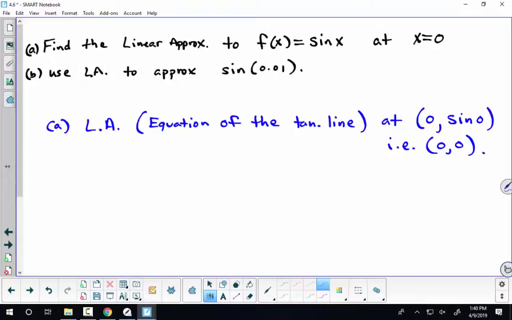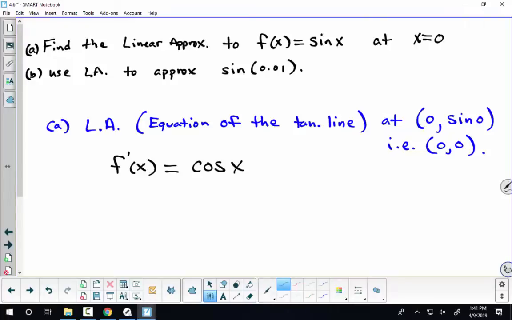Okay. So the first step in doing this is we need to find what? Derivative. The derivative. So let's find f prime. So f prime of x is what? Derivative of sine is cosine. The next step is to do what?